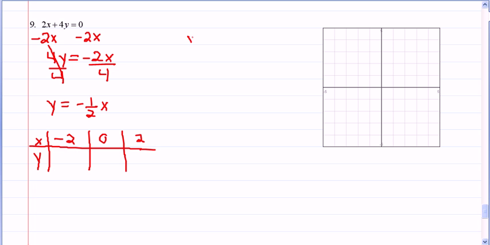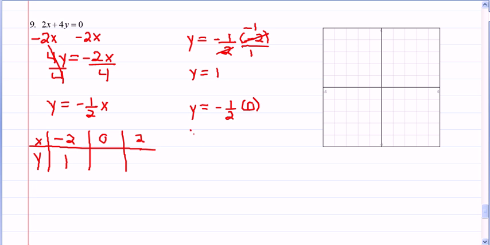So when I start with -2, I have -1/2 times -2, -1 times -1 is 1, and then I substitute in 0, which is just 0, and then I substitute in 2, and they cancel to 1, so that y is equal to -1.